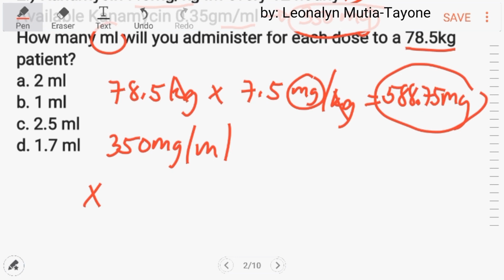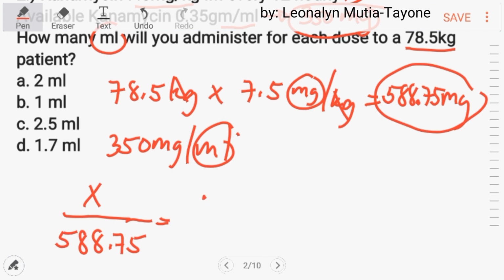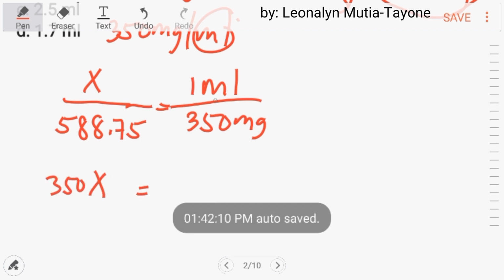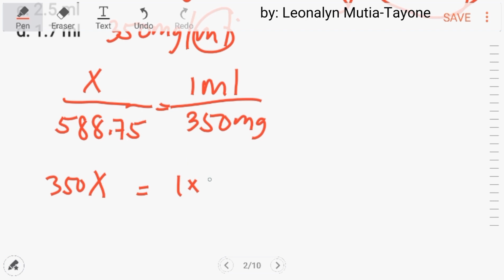Let X be the ml that we need. 588.75 equals, that solution, we have 1 ml is equivalent to 350 milligram. So we will do the cross multiplication, and let X be... 350X equals 1 ml times 588.75.